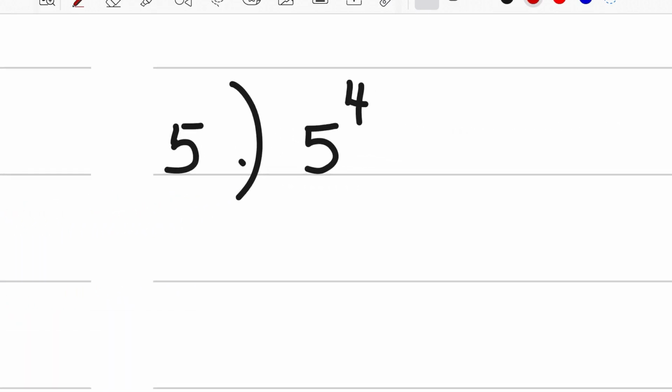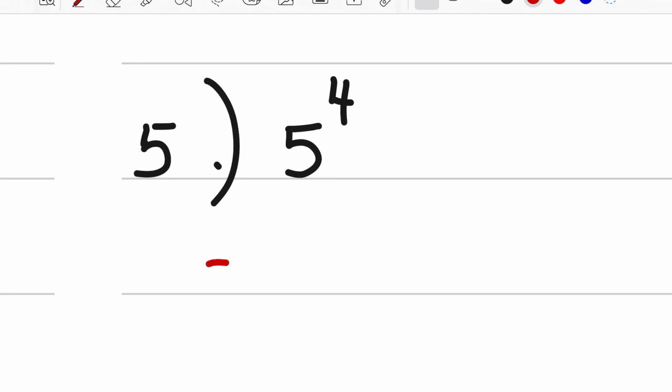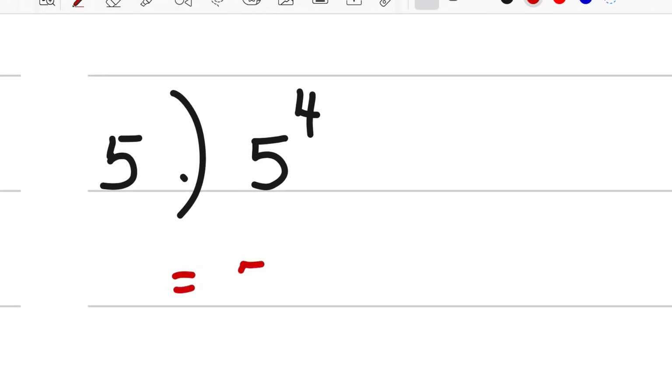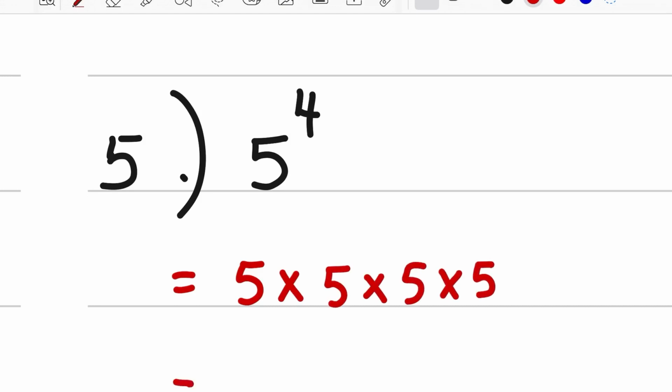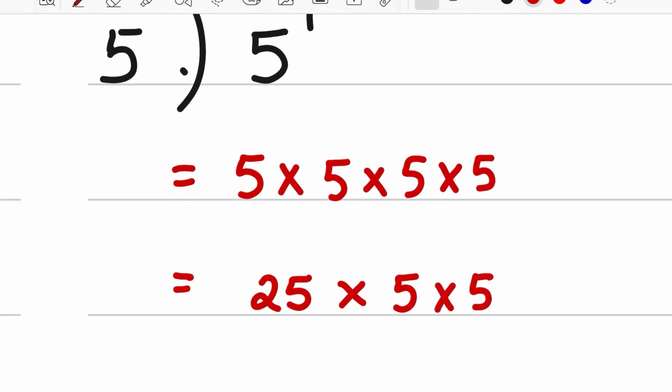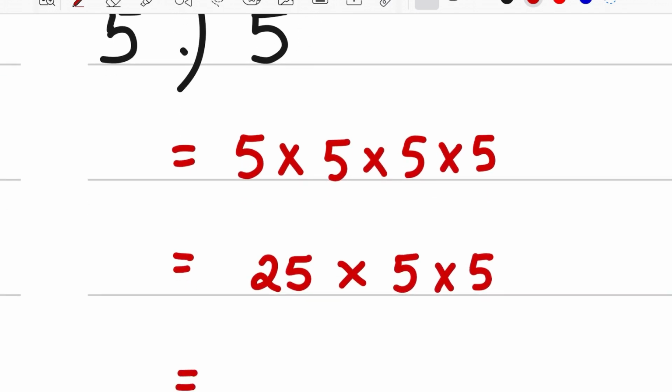For question 5, we have 5 to the power of 4, which is 5 multiplied by 5, multiplied by 5, multiplied by 5. 5 times 5 now is 25. Bring down the rest of the sum. 25 times 5 is 125.